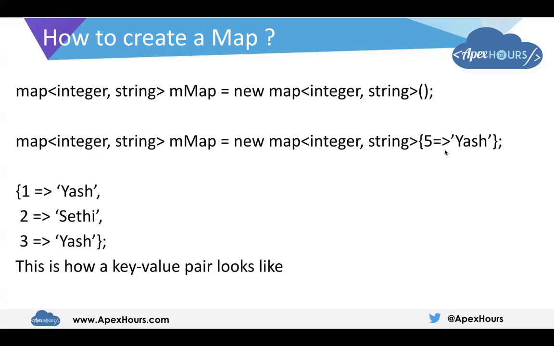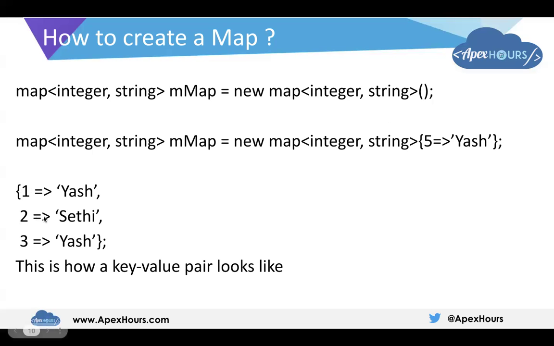This is how you create a key value pair into a map. 5 arrow Yash. Yash is the string, because the data type of the value is string.